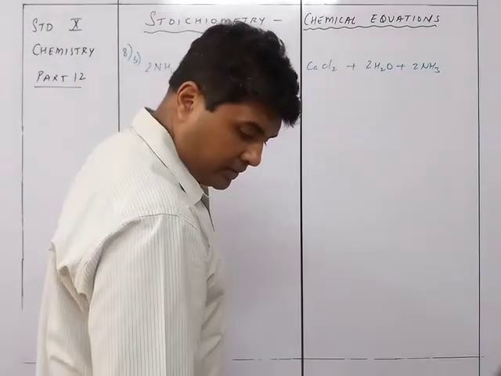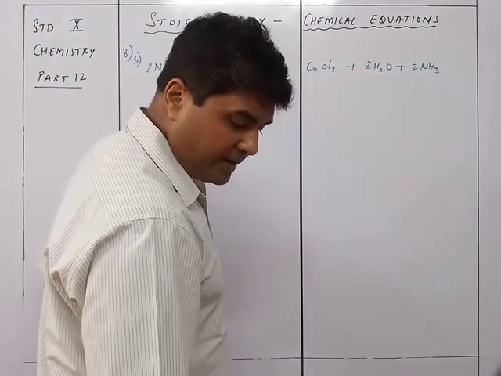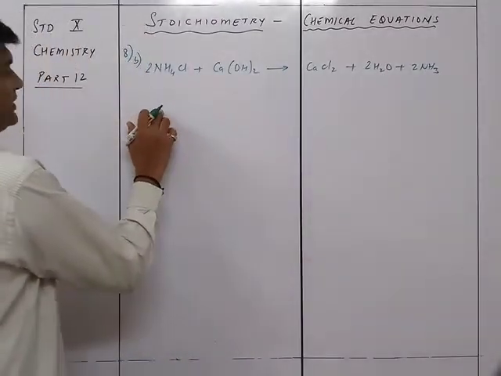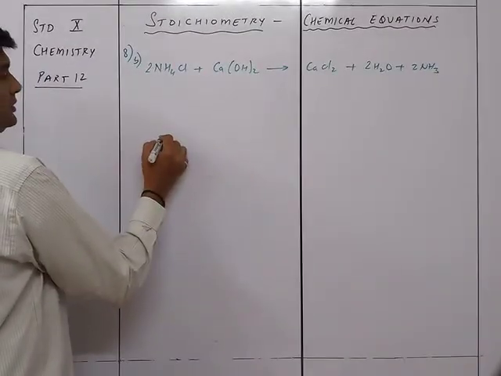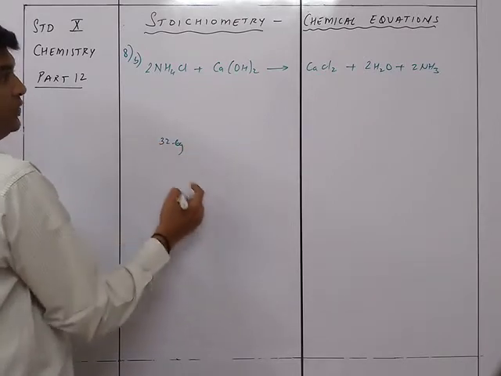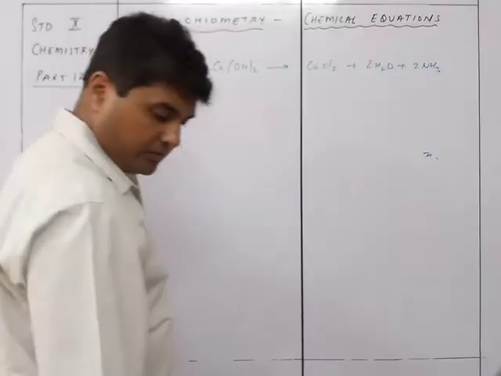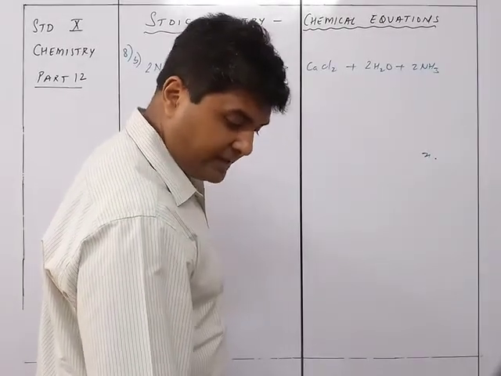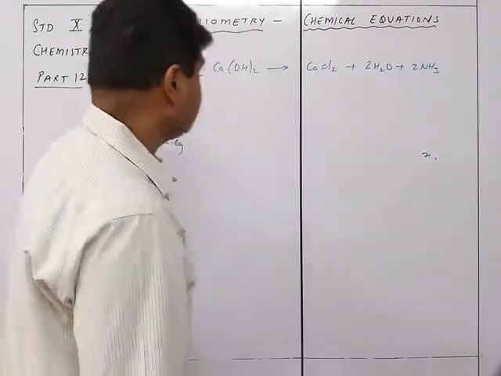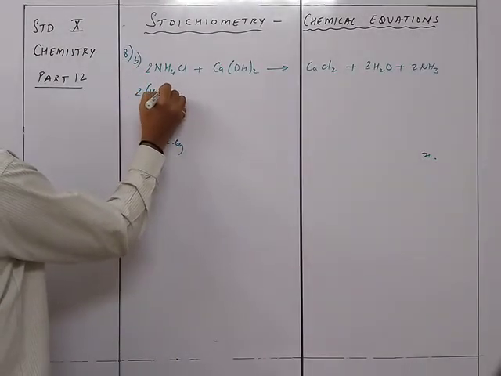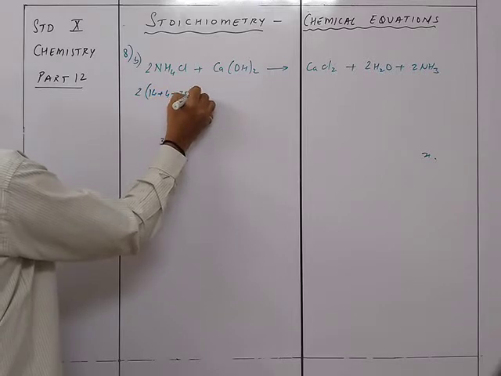What you are given over here, ammonium chloride is 32.6. So this is 32.6 grams which is given, and you need to find out ammonia. Okay. We don't have anything else to be done, so we'll take the GMM of only these two substances. So this over here is 2 into 14 plus 4 plus 35.5.